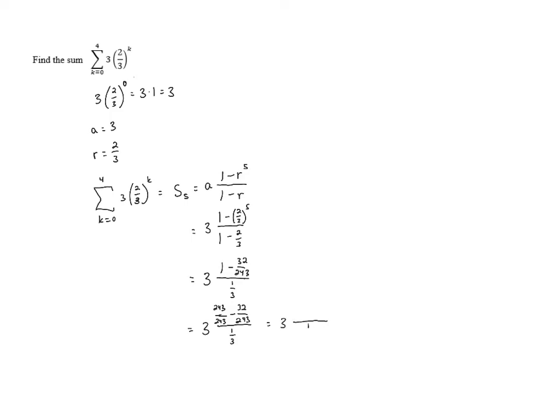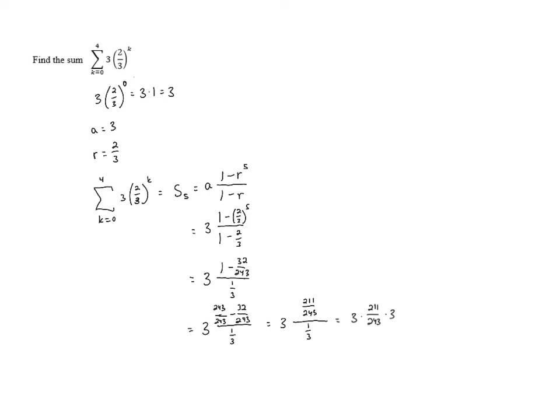Let's see what that gives us. 243 minus 32 is 211/243. And we know that dividing by 1/3 is the same as multiplying by 3. So we've got 3 times 211 over 243.